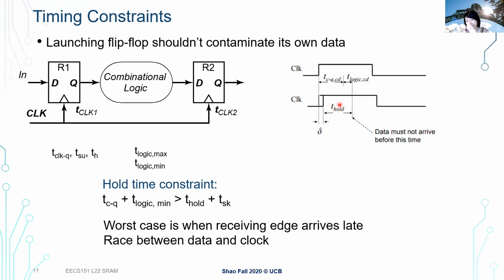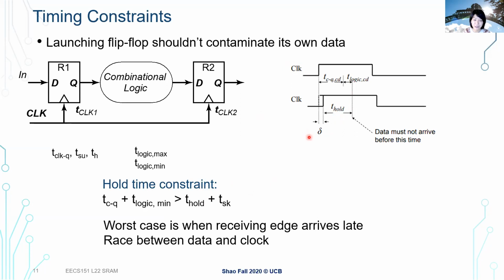you need to hold the signal, making sure the signal is held long enough before being overwritten. Not only the hold time constraint, but also the skew factor here, because I only start counting my hold time after my clock has arrived. If my clock has not arrived, we also need to compensate for that gap before we start compensating for the hold time.